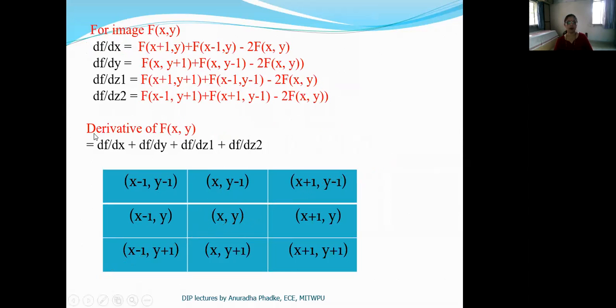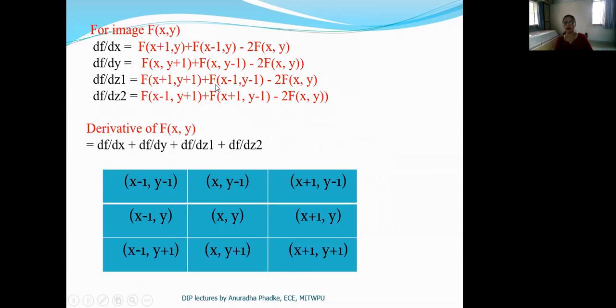In order to get the derivative of f(x,y) by considering all four directions, we need to add all these terms. So the final derivative of image f(x,y) is given by ∂f/∂x plus ∂f/∂y plus ∂f/∂z1 plus ∂f/∂z2.